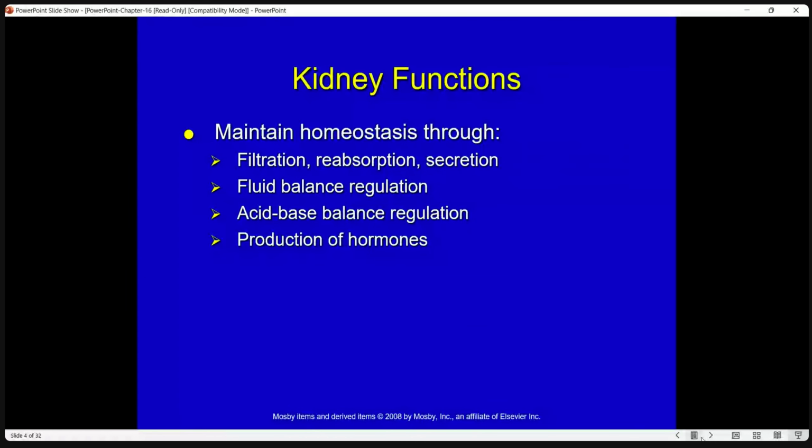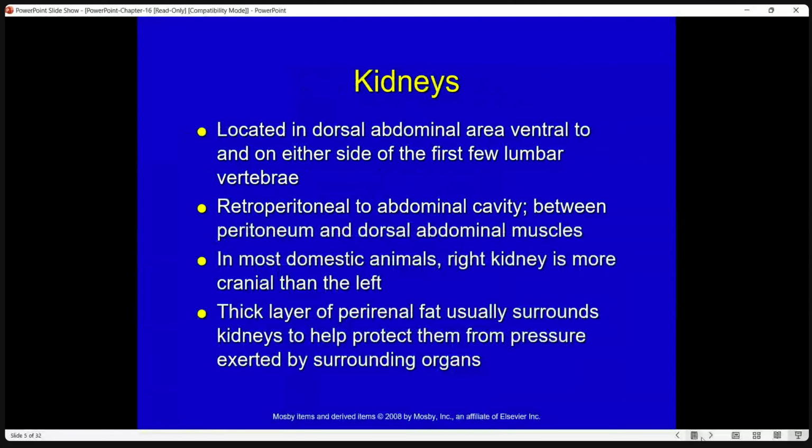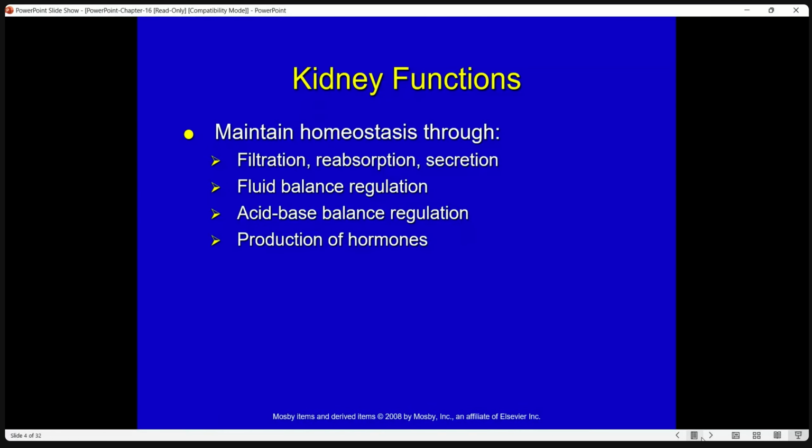And then we have secretions, and then fluid balance regulation, acid-base balance regulation, and also production of hormones. One of the hormones produced in the kidney is called erythropoietin. Erythropoietin is a hormone responsible for the production of the red blood cells. So that is where the production of hormones comes about.